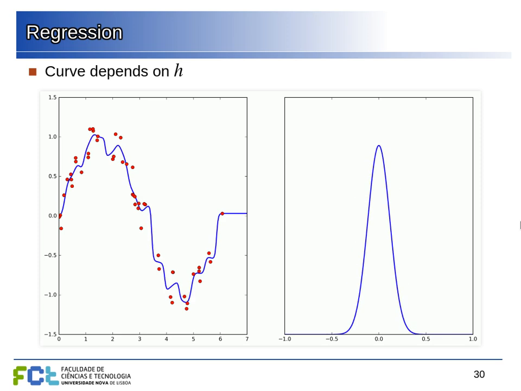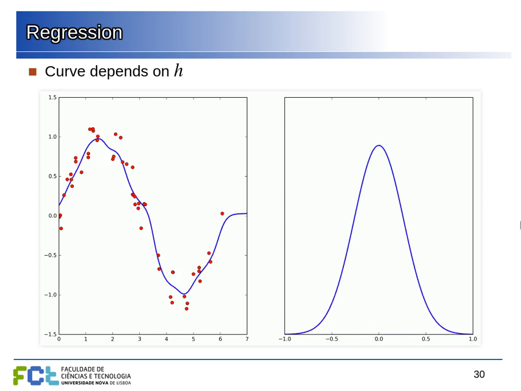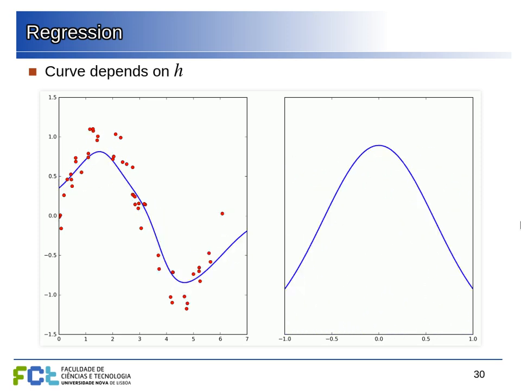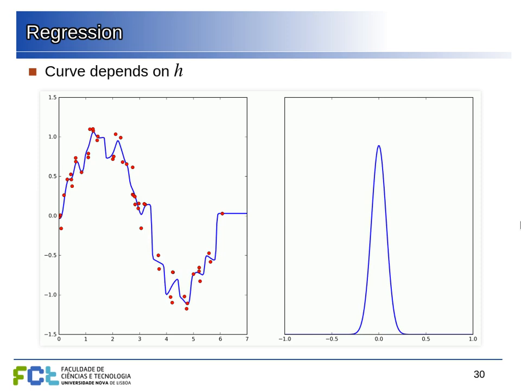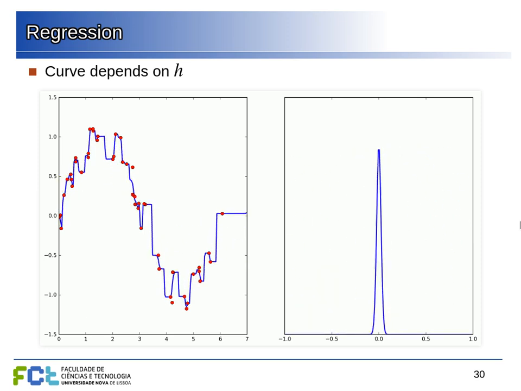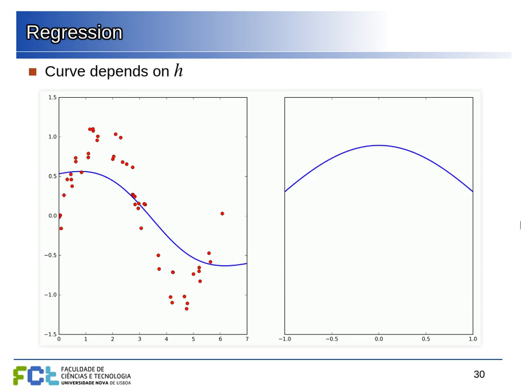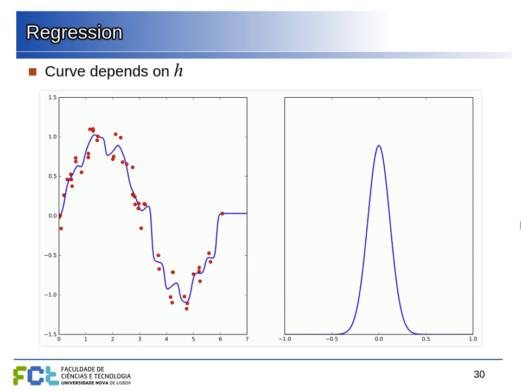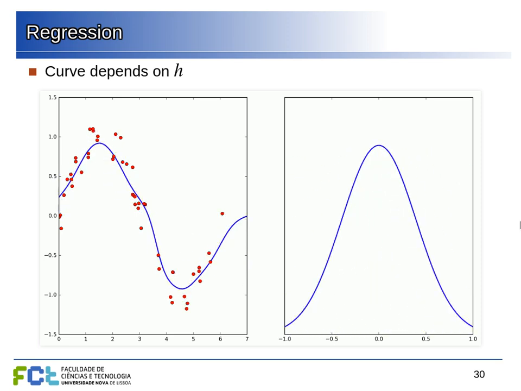So when the kernel is effectively wider, if we are predicting a value here, we are looking at points more distant to this one, and if we decrease the value of h, we are narrowing that kernel, and we are looking only at the closer points.